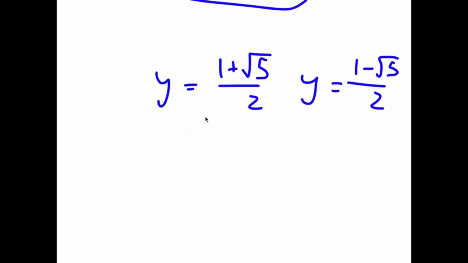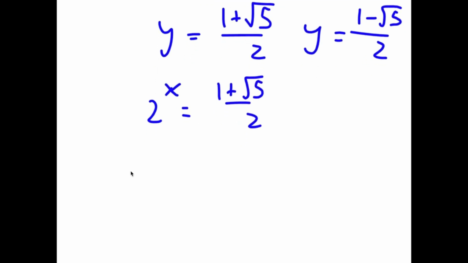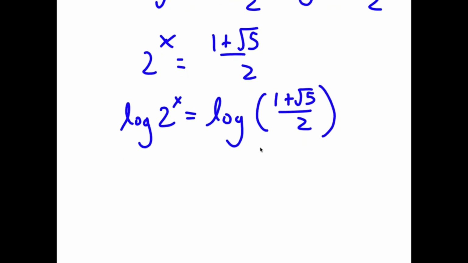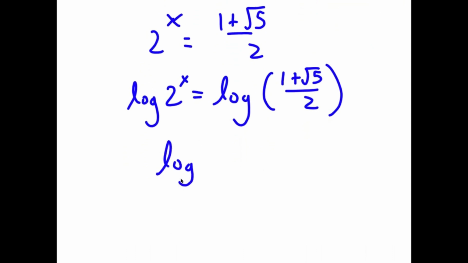So for y equals 1 plus the square root of 5 over 2, I have 2 to the power of x is equal to 1 plus the square root of 5 over 2. And if I take the log on both sides, I have log 2 to the power of x is equal to log of 1 plus the square root of 5 over 2. And if I have something in the form log a to the power of b, I can move my exponent to the front, so this is equal to b times log a.